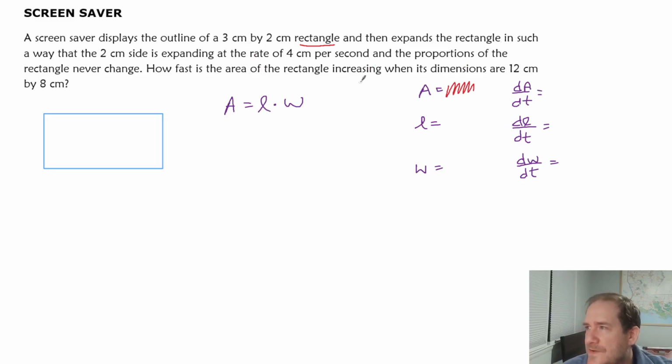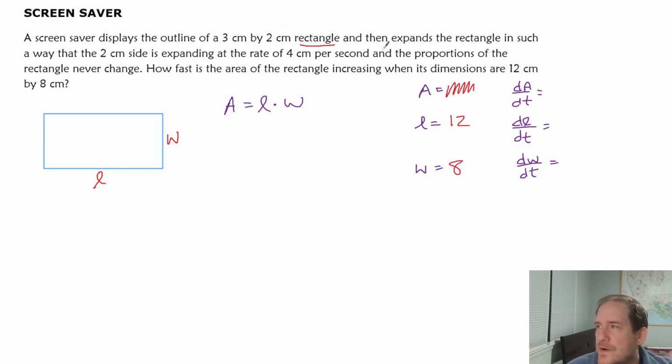L, did they give us L? It says, how fast is the area of the rectangle increasing when its dimensions are 12 by 8? So who's supposed to be the bigger dimension? I haven't defined it yet, but let's say this dimension is length and this dimension is width. Then length is the greater dimension, so my length would be the 12 and my width would be the 8.